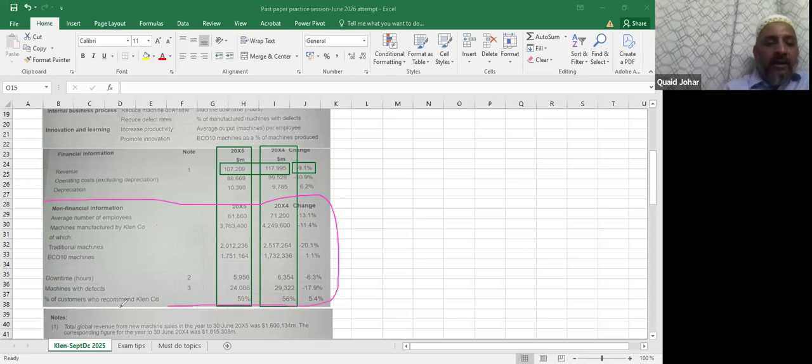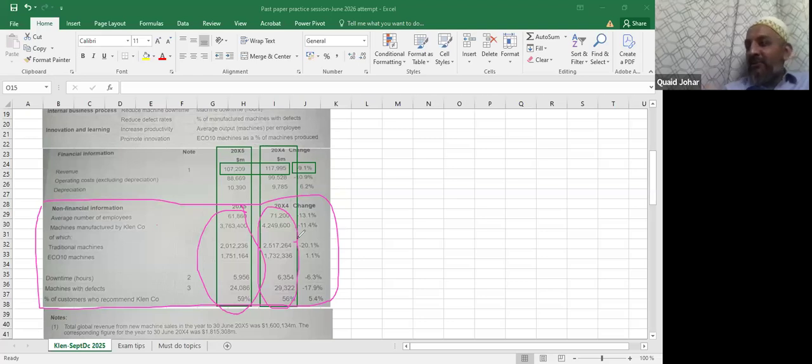Please read this and observe what's happening in 2005 compared to 2004. And then we need to compare it with the external parties as well, the happenings in the industry, so that we can compare the changes in this company with the changes happening in the industry and get a better view of its performance.